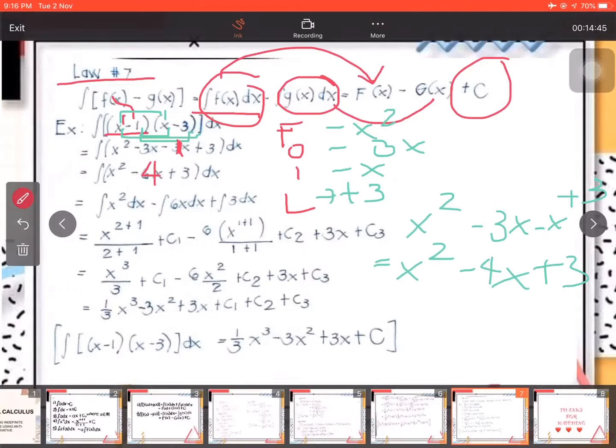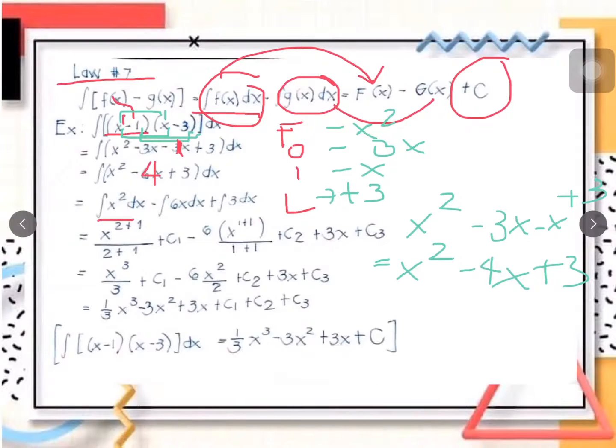By integrating, the integral of x squared dx, our first term, minus 4x dx, our second term, plus 3 dx, our third term.